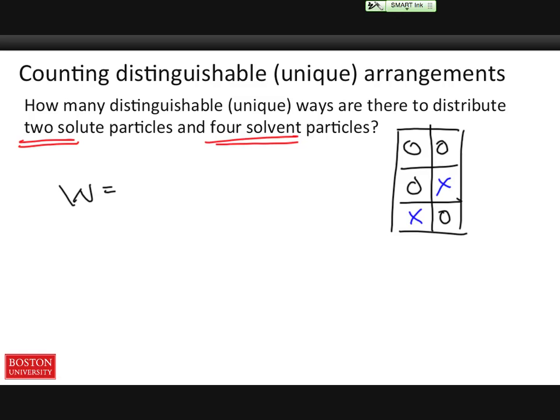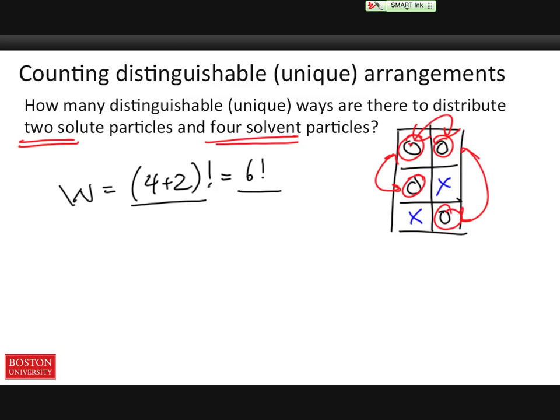Well, there's a total of 4 plus 2 objects, 4 solvent, 2 solute, factorial. And if we do that, that's 6 factorial. Now, that's the total number of arrangements. But if I were to swap this O and this O, would this be distinguishable? Or this O and this O, would that be distinguishable? Or how about that one and that one? None of these swaps that I'm making over here are distinguishable.